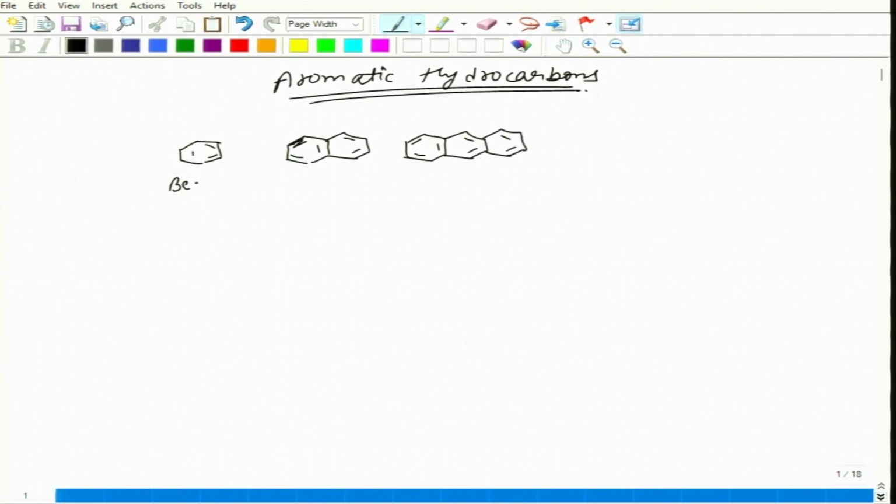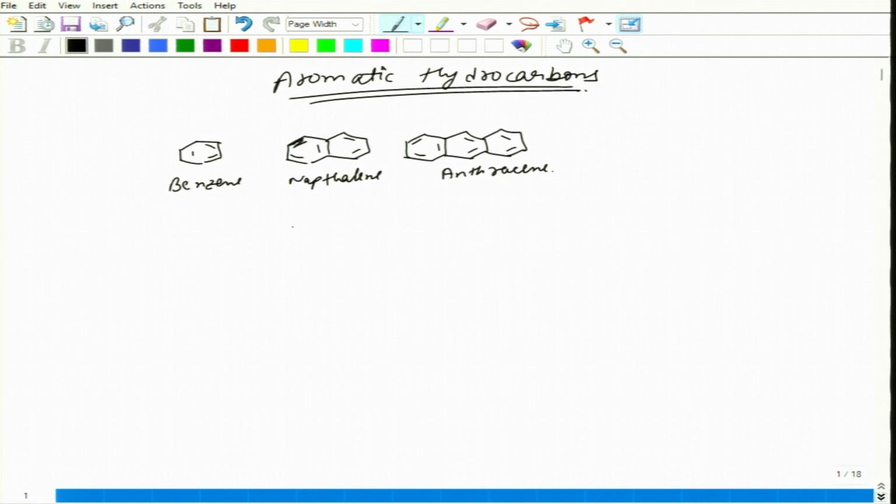This is benzene, this is naphthalene, this is anthracene. Okay. These are hydrocarbons in which the benzene ring is a repeating unit. So, in naphthalene 2 benzene rings are together, anthracene has 3 benzene rings together.